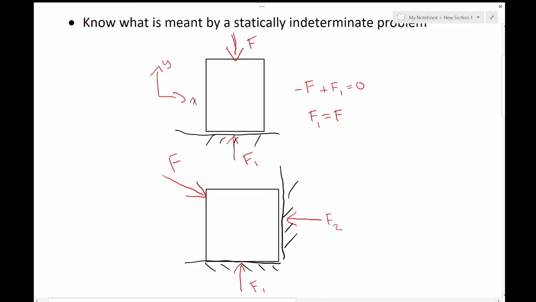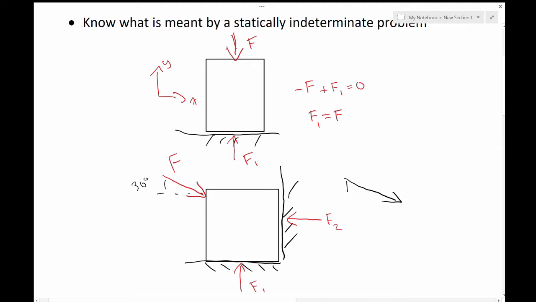F here can actually be broken up into component vectors. So we can say that F is coming down at 30 degrees to the horizontal.